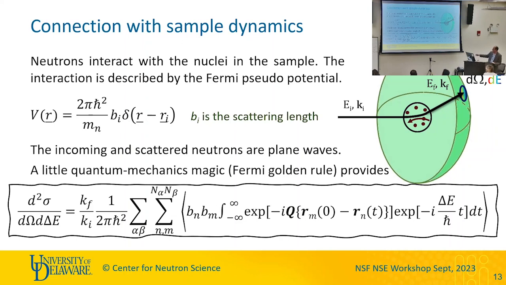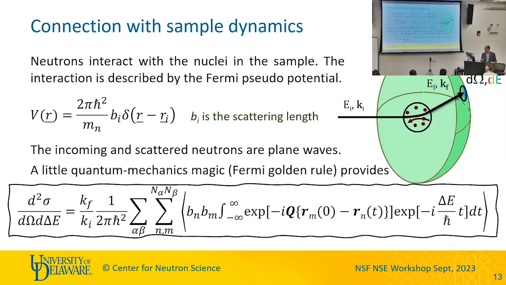Without getting into these details, this is essentially what you get. You get that now your double differential scattering cross-section that you can measure is related to the position of each atom in your system at time 0 and time t. So let's go a little bit more in detail. This is the equation that we're going to use, but I'm not going to explain the equation, I'm just going to go through the elements of the equation.